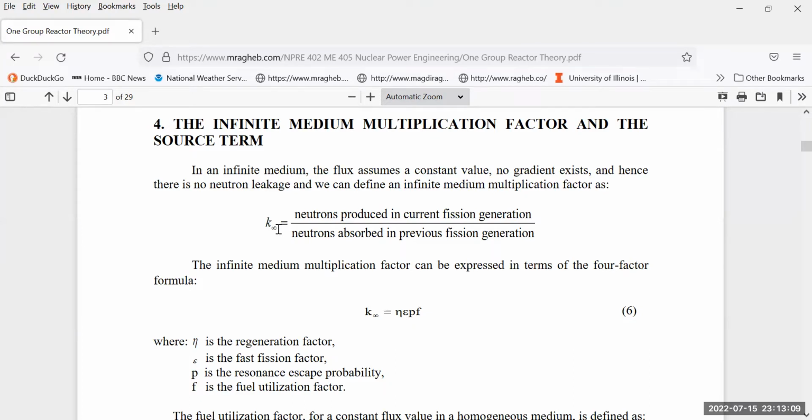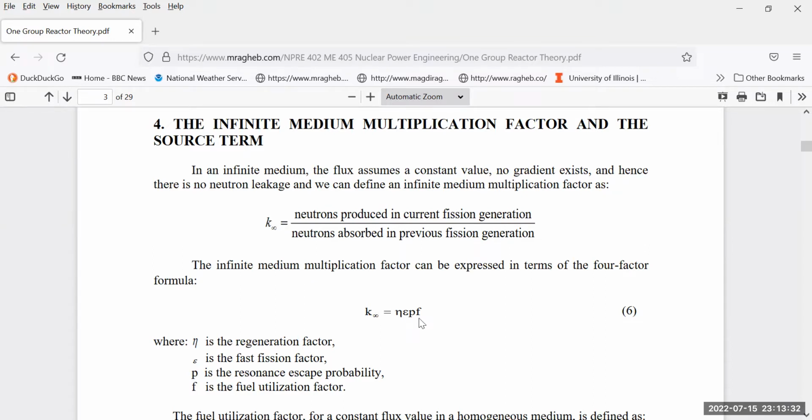We will correct that later on, because reactors, of course, have a finite dimension, and we'll designate it later as the effective multiplication factor. But for the time being, if I have an infinitely large medium, the neutrons behave like bacteria. They multiply through the fission process.